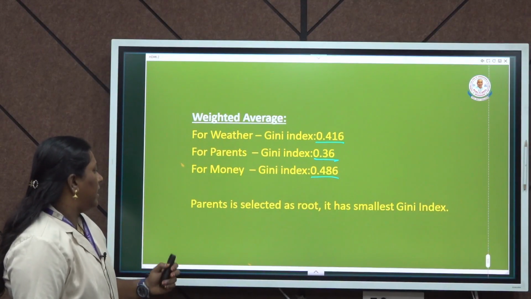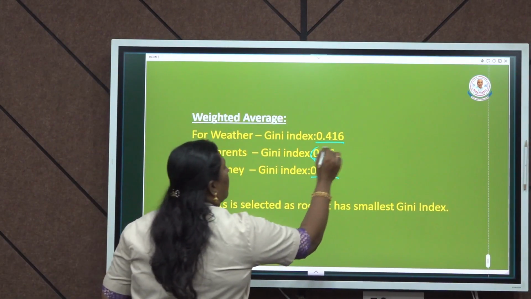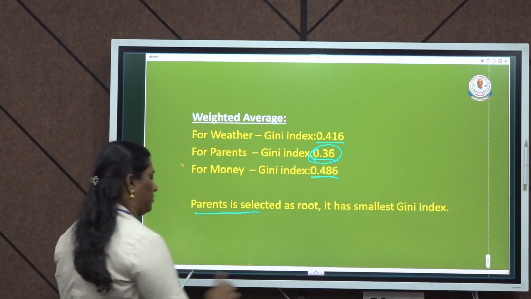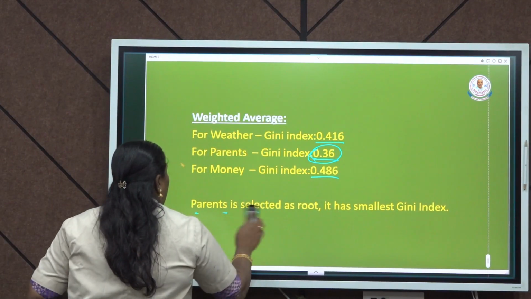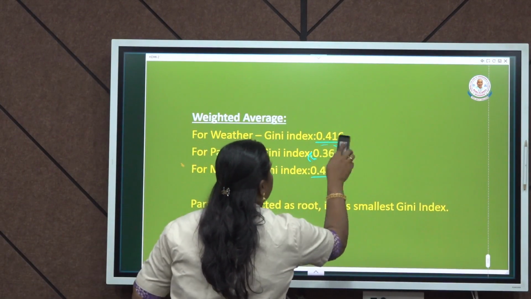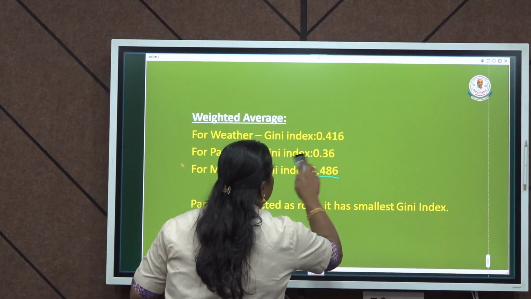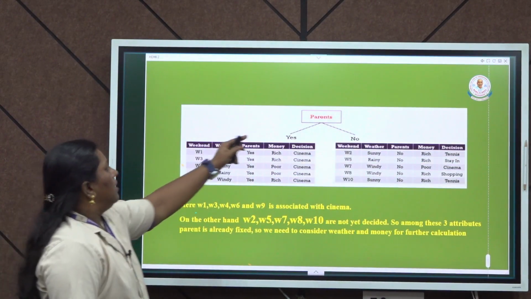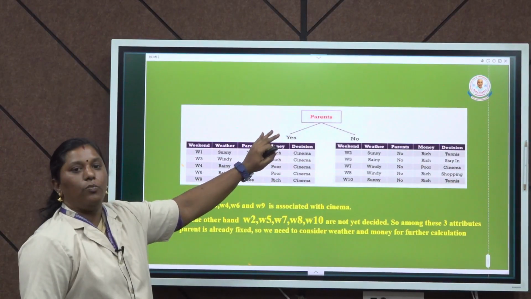Comparing these 3, parent has the minimal Gini index, so it will be selected as the root. Next, the parent is considered to be the root node.